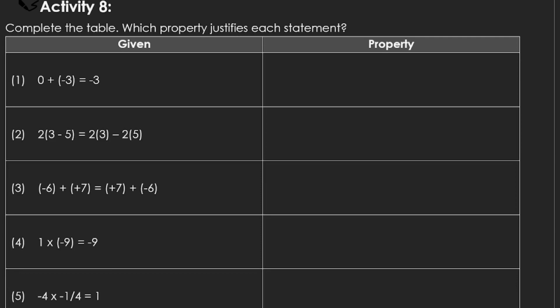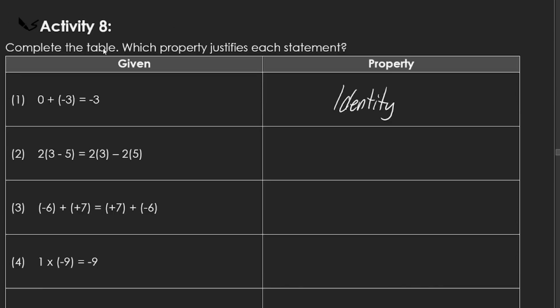Let's do an activity before we finish. Complete the table. Which property justifies each statement? Number 1, we have 0 plus negative 3, and it gave us that number also. So this is just your identity property. Number 2, we have the product and the sum of two numbers is the same as saying the product of the two numbers. This is distributive property.